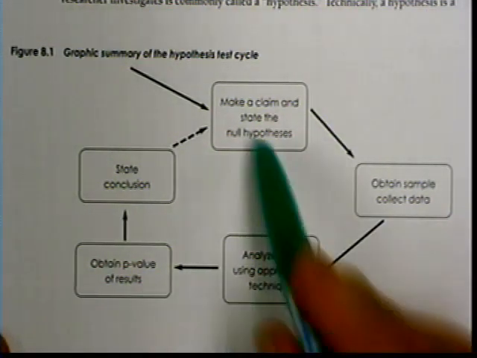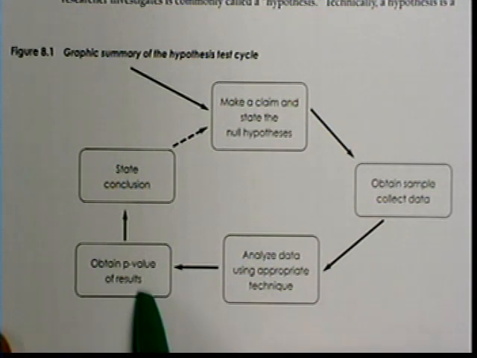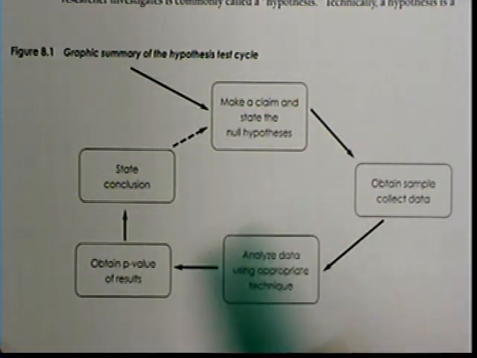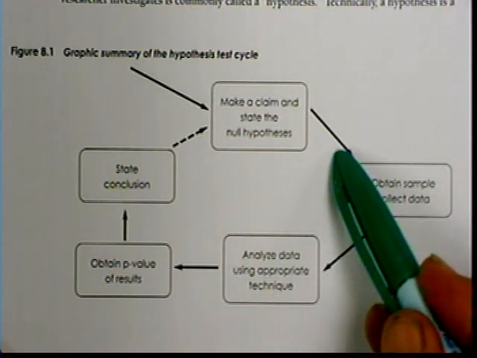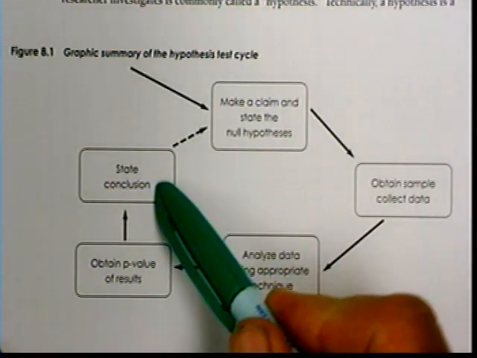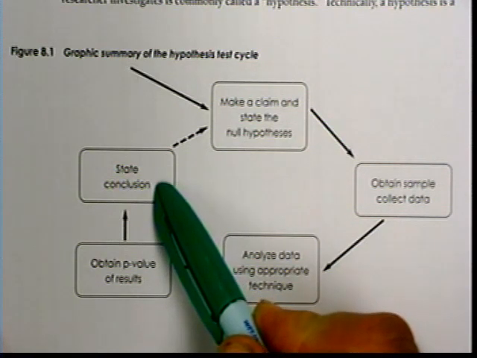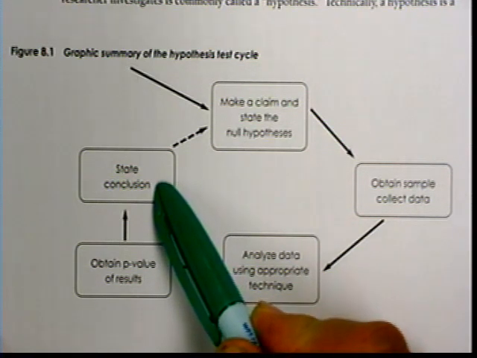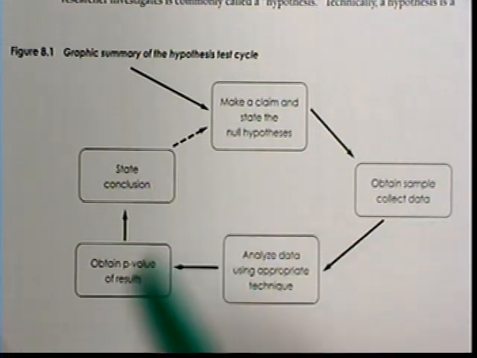And then after you've analyzed it, we obtain a p-value, critical value, compare that to our significance level that we specified up here, and we decide whether we're going to reject the null hypothesis or do not reject the null hypothesis. And that's the conclusion.